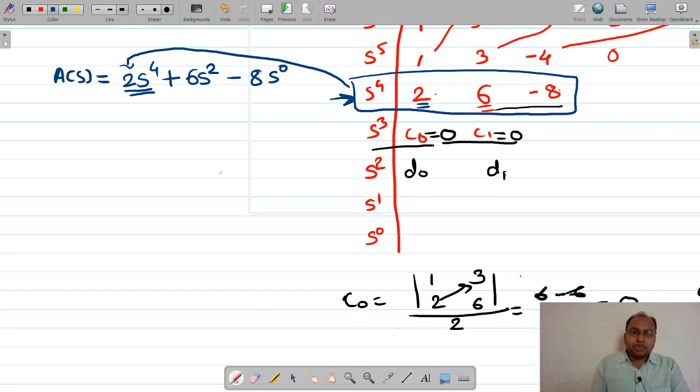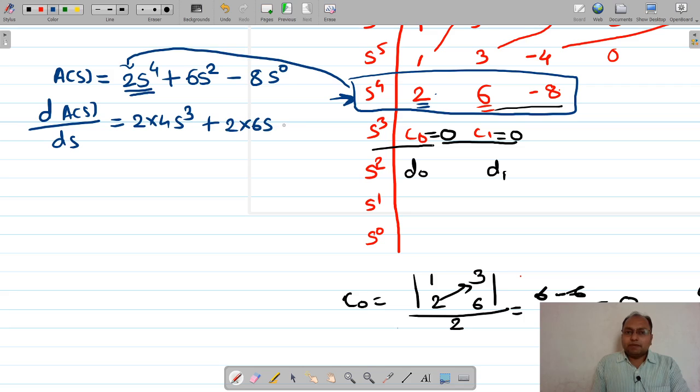Is that fine? Okay, so now let us take the derivative of this auxiliary equation with respect to s. Okay, so what is going to happen? 2 into 4 s cube plus 2 into 6 s, and s raised to 0 means it is simply 1, right?